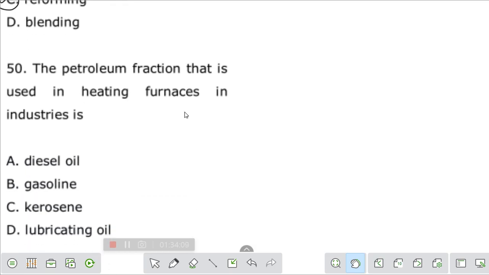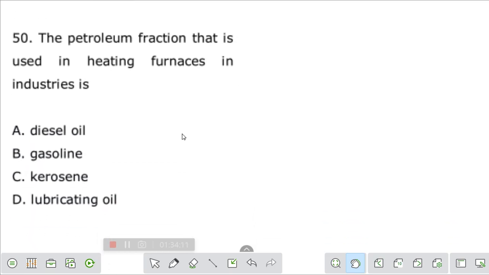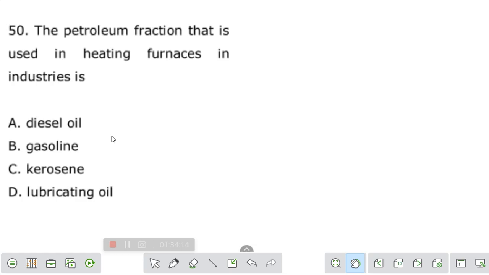So, petroleum fraction that is used in heating furnaces in industry. So what do we use for heating furnaces in industry? Which petroleum fraction? So this is the last question for today. So that is the last question.